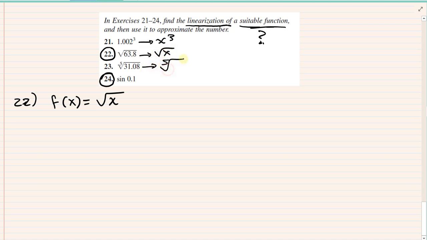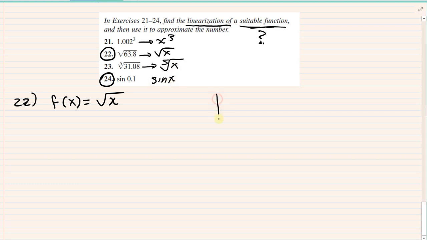That's going to be the fifth root function, right? And so on and so forth. And the last one, of course, is going to be sine x, right? So those are the overarching, underlying functions that we need to work with. So in exercise number 22, that's f of x.